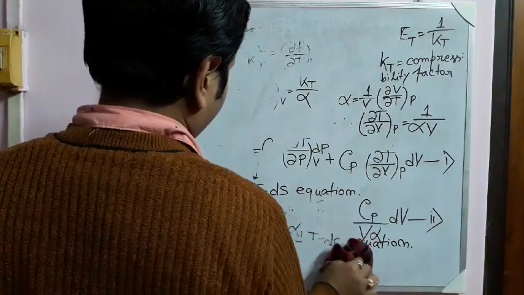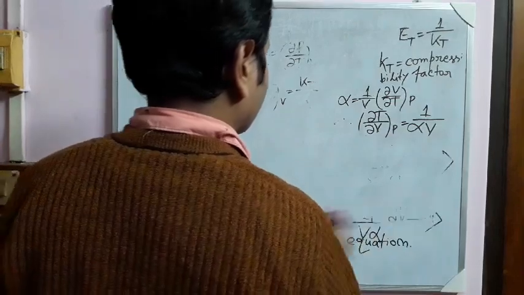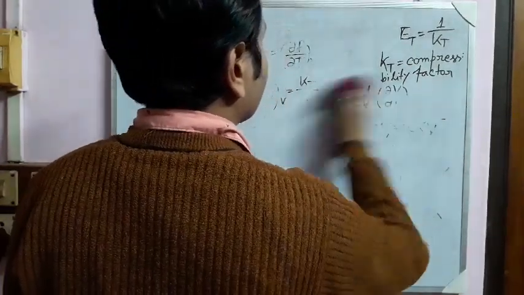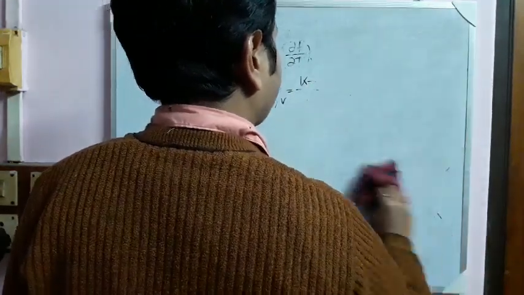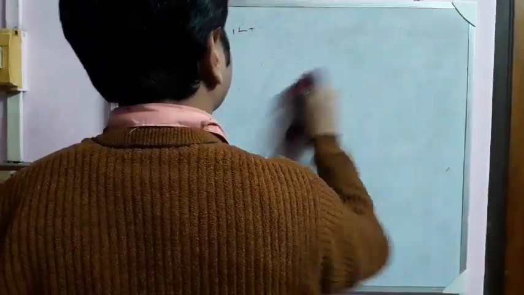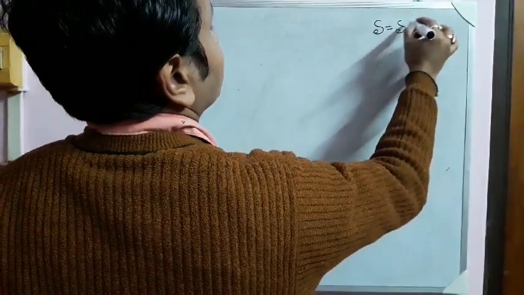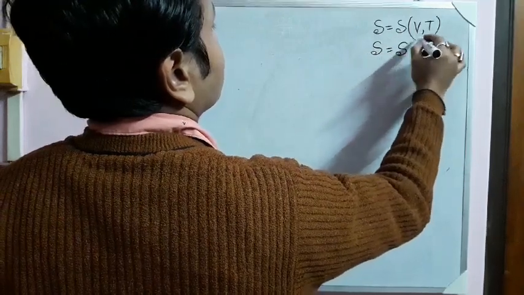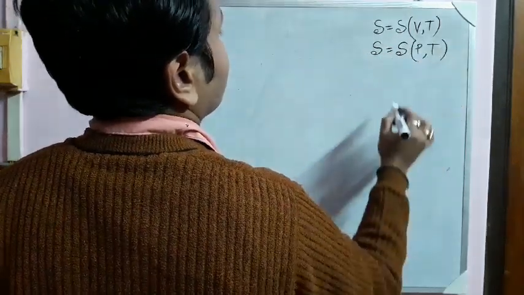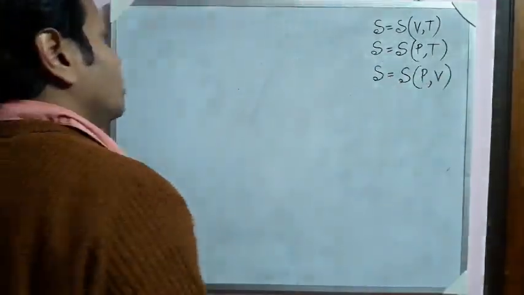And while deriving the third TdS equation, we assume entropy as a function of pressure and volume.